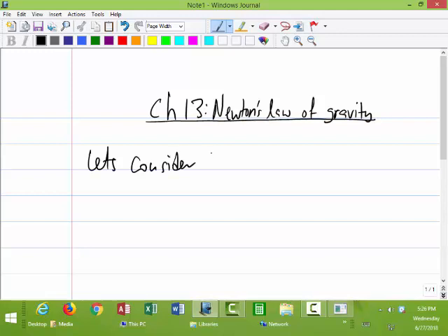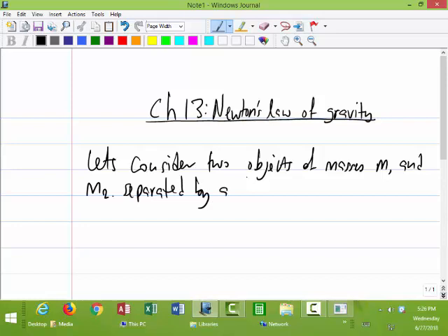Let's consider two objects of masses m1 and m2 separated by a distance r between them, or by just a distance r.